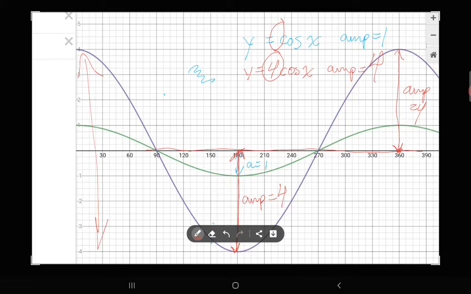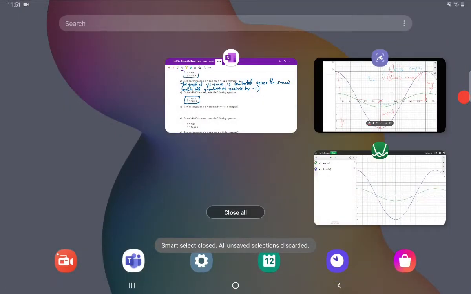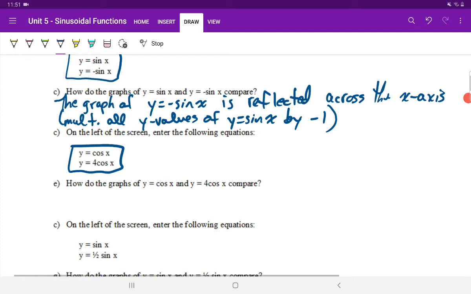Not only that, but that value in front of cos of x also represents the amplitude. All right, so we're getting vertically stretched here by what's called a factor of 4, and the amplitude equals 4. So that's important to note when we go to answer this question here. How do the graphs compare?